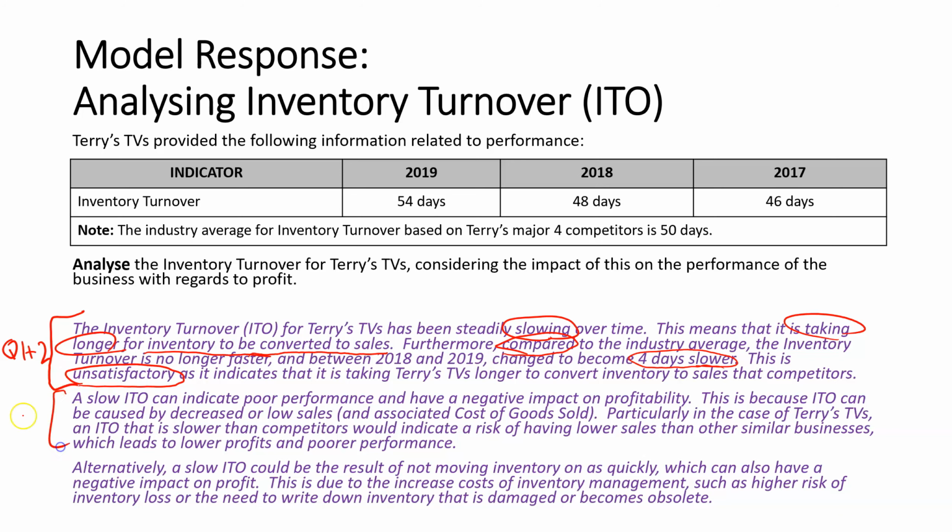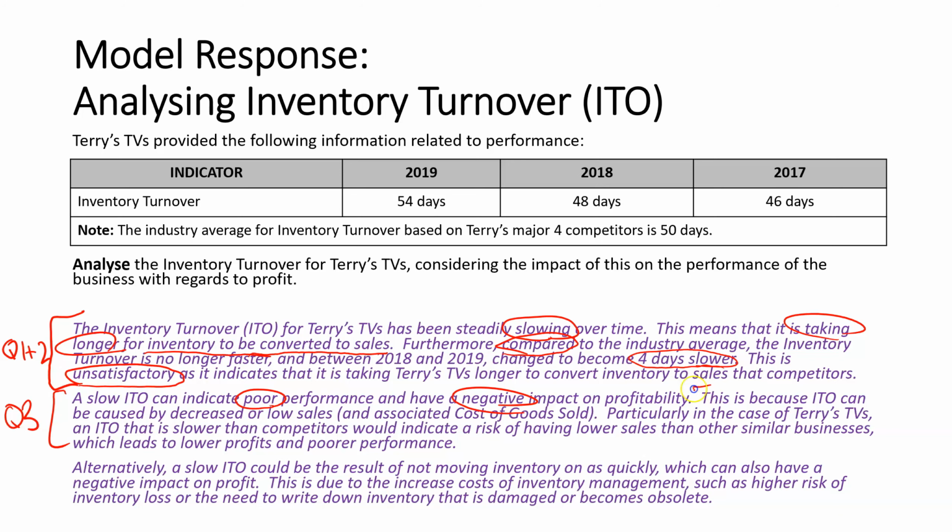The second paragraph here is all about question 3. It can indicate poor performance. So if I have a look and think about that question, I know that this is saying, what does this mean for performance? So I'm saying it could indicate poor performance, could have a negative impact on profitability, which is one area of performance.